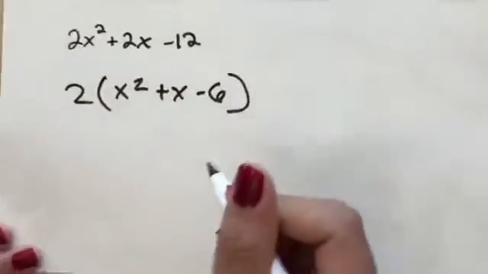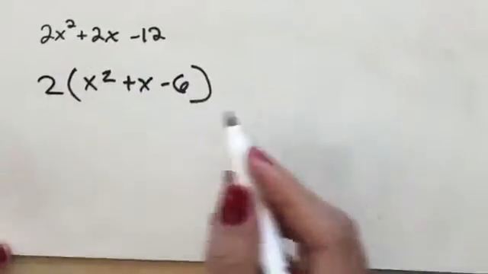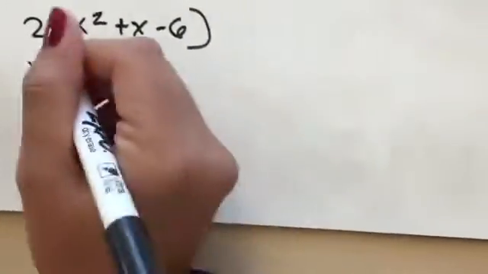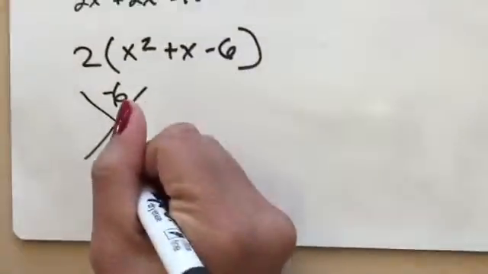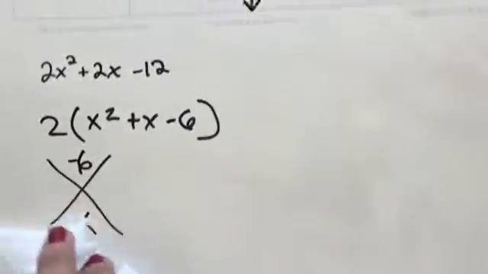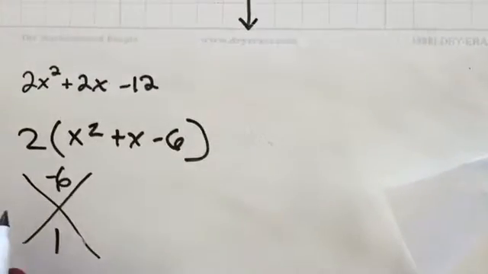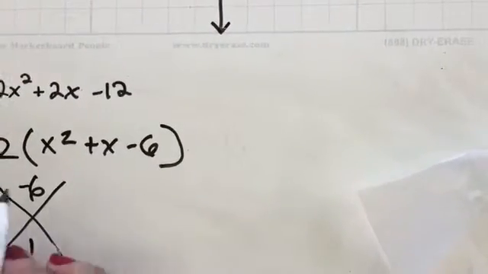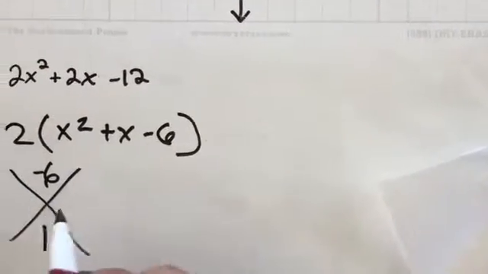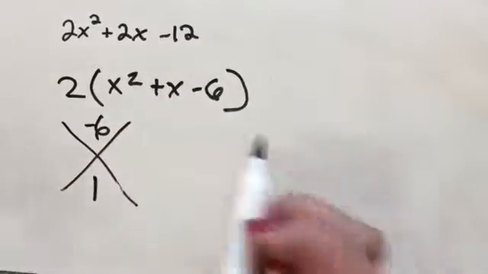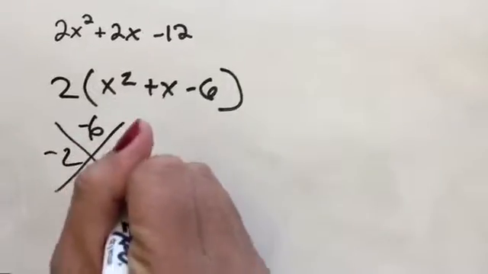Then you'll factor your new equation using the diamond method, which is negative 6 and positive 1. If you want to multiply to negative 6, you will get negative 2 and 3.